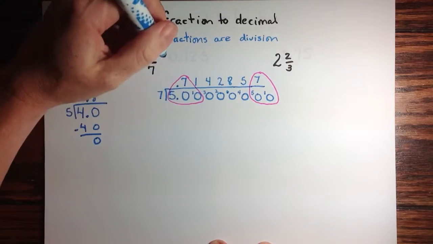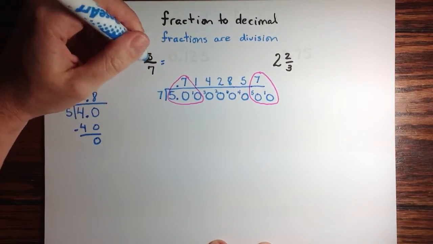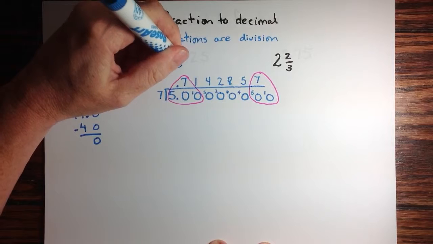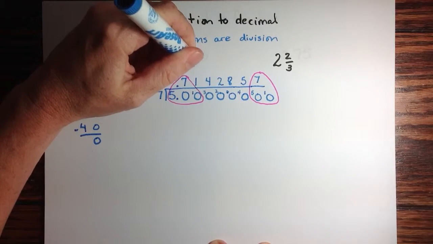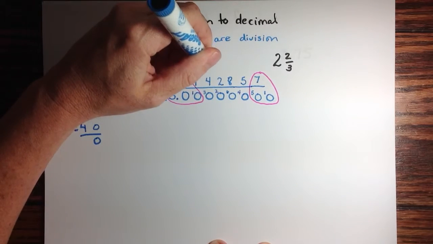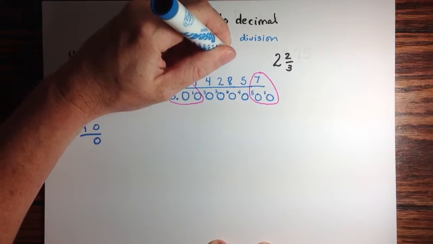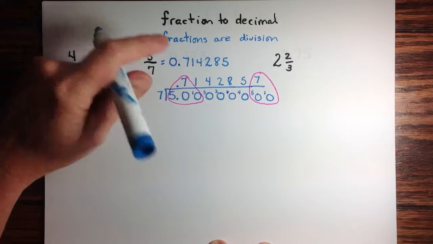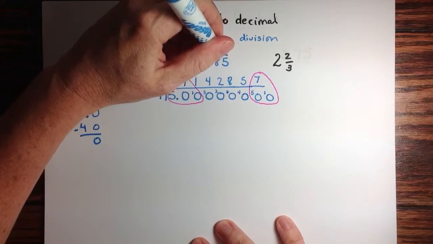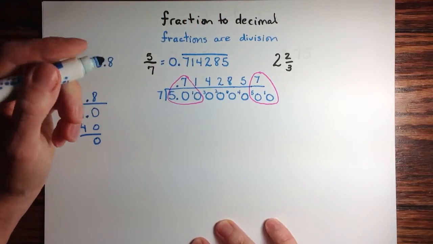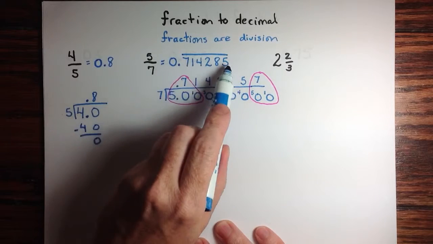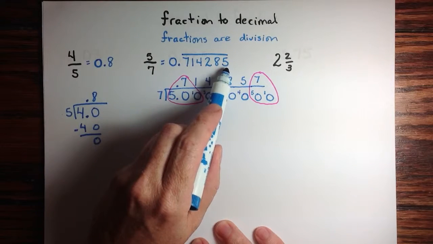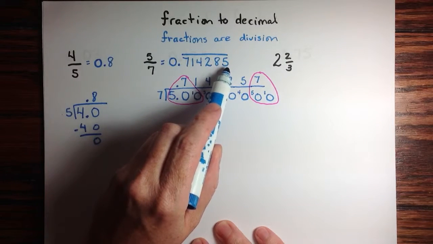So the way that we're going to write this answer is that 5/7 put down 1 occurrence of that repetition, 7, 1, 4, 2, 8, 5, and then by putting a line over the top of it, that's the math symbol to say that 5 really isn't the end of the division, that's just the end of the repetition.